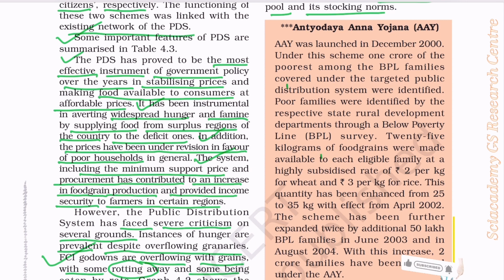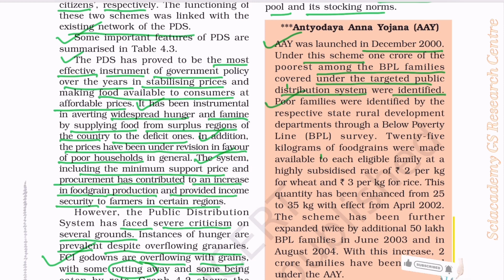Antyodaya Anna Yojana. AAY was launched in December 2000. Under this scheme, 1 crore of the poorest among the BPL families covered under the targeted public distribution system were identified.